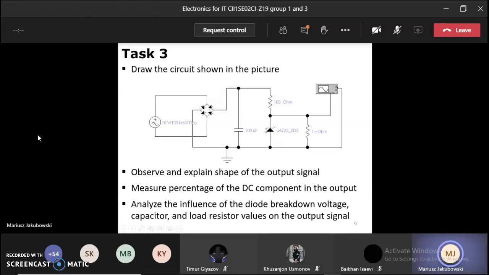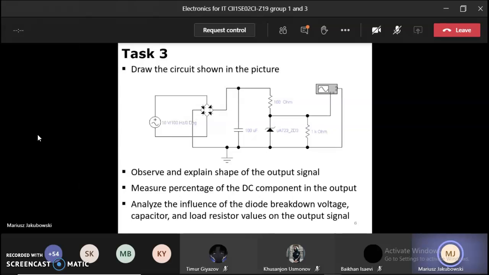We attach a Zener diode, and now remember, a Zener diode is a diode which usually works in reverse bias, and it's constructed in such a way as to facilitate working in the breakdown mode.